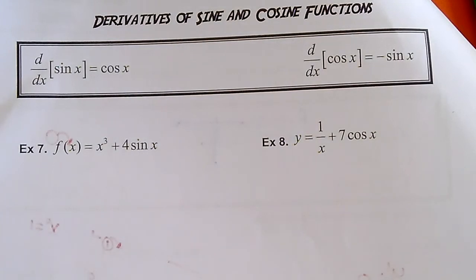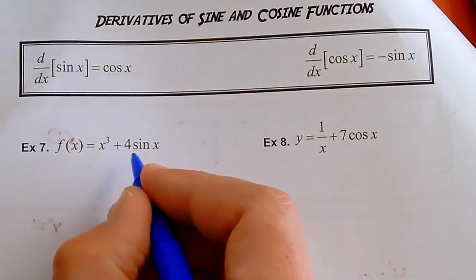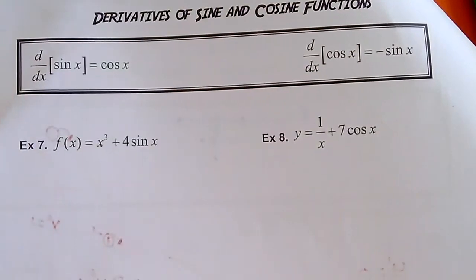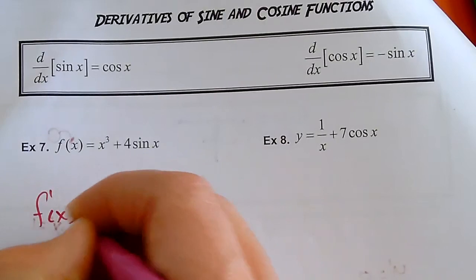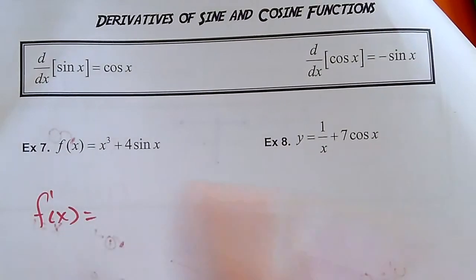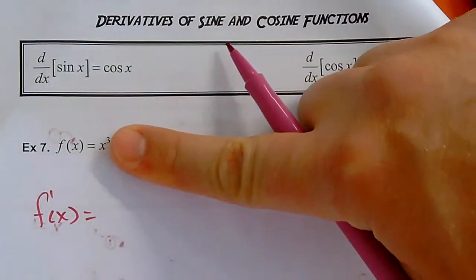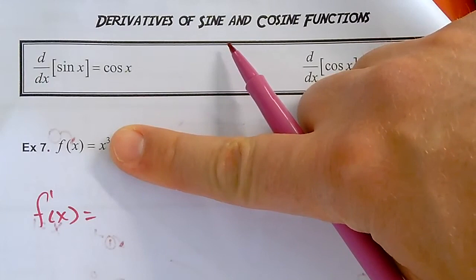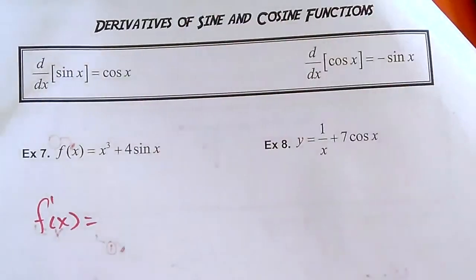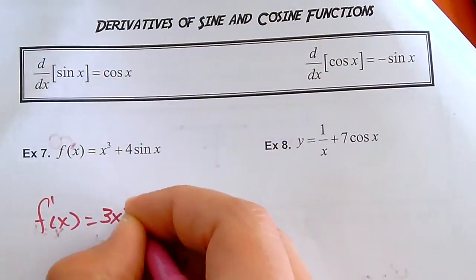Okay? So they're going to maybe mix those in on the worksheet. So as we take a look, I've got f of x equals x cubed plus 4 times the sine of x. And we're ready to do the derivative. So first thing is just kind of cover up this guy and do the derivative of x cubed. So bring that exponent down and deduct 1. What do you get? 3x squared. That's easy.